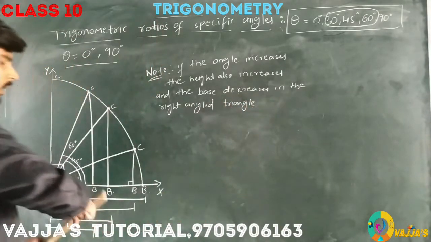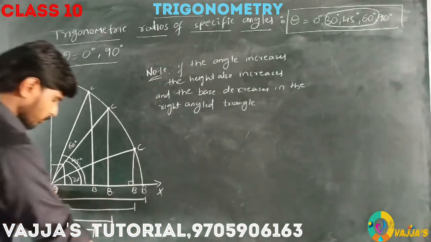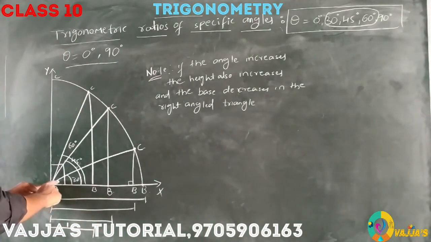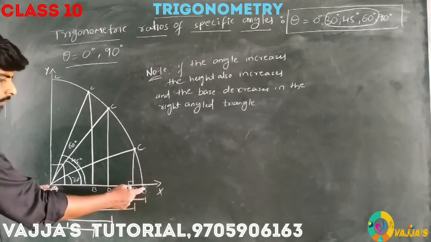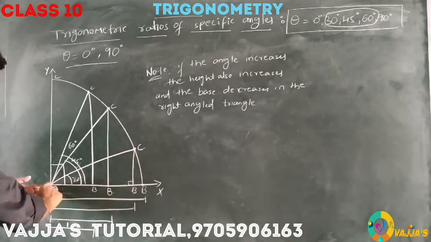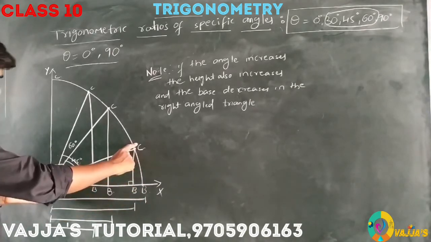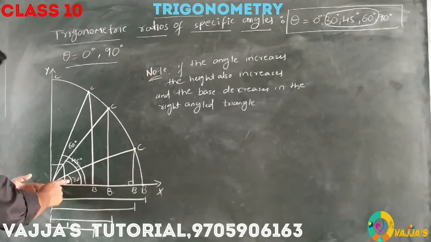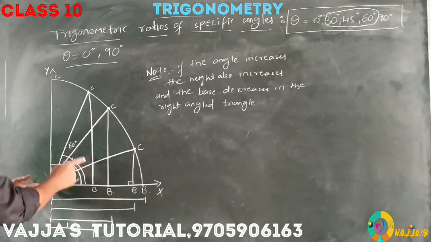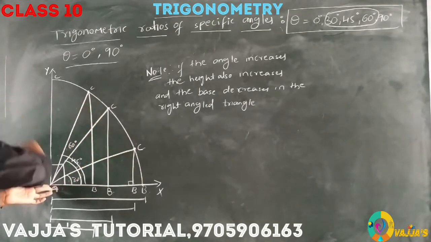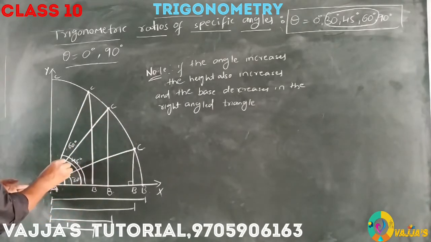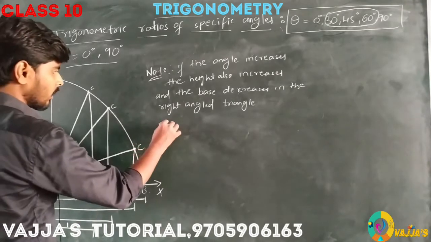So this is our theta. At the initial point it is 0 and B is here, AB is just a line. If I rotate like this, it becomes the right angle triangle ABC, the theta is 30 degrees, and next theta is 45 degrees, theta is 60 degrees, and the height is increased and the base decreased. Finally the theta is now 90 degrees.